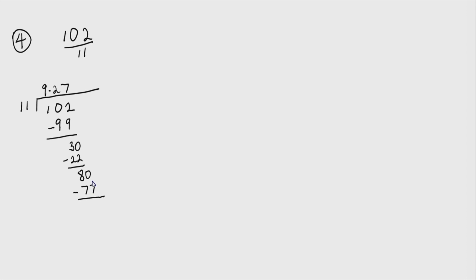And the difference here, 77 from 80, is 3. 11 and 30 is 2. And 2 times 11 is 22. And obviously it's going to keep repeating.